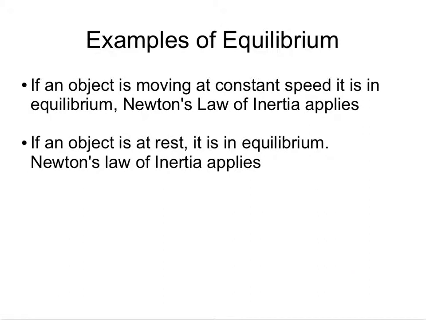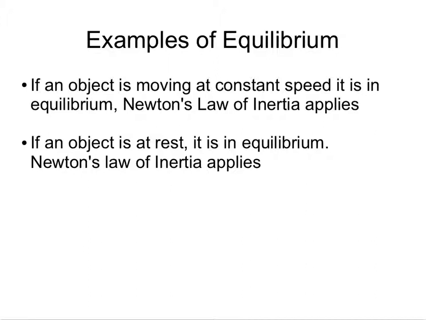So Newton's law of inertia states that if the net forces on an object are zero, then the object is going to resist changes in its motion. If it's at rest, it's going to stay at rest, and if it's moving at constant speed, it's going to stay at constant speed.